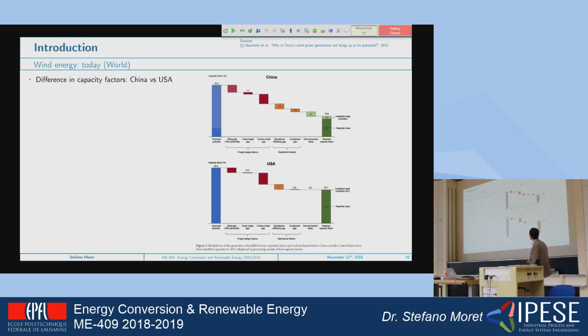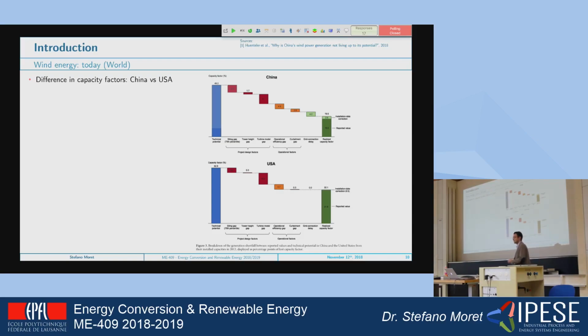I went and checked on the reason. I found this paper which basically details the difference. We start from an initial better wind resource in the United States. And then the main thing in China is the way in which the wind turbines are connected to the grid. Due to a more difficult management of the grid, probably linked to the size, there is a higher need for curtailment.